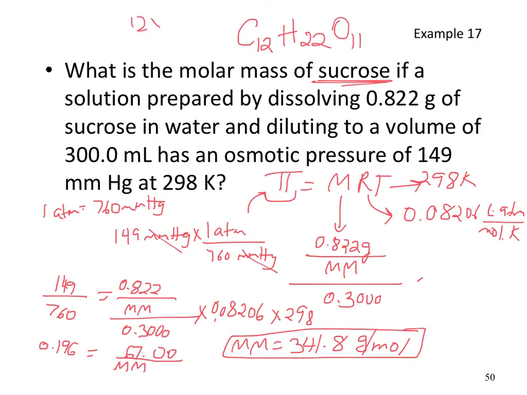So 12 times 12, that's 144. 22 times 1, that will be 22. 11 times 16, that will be 176. And I'm going to add those and see if I actually get a number similar to the 341.8 that we got. It all adds up to 342 grams per mole. We're good.